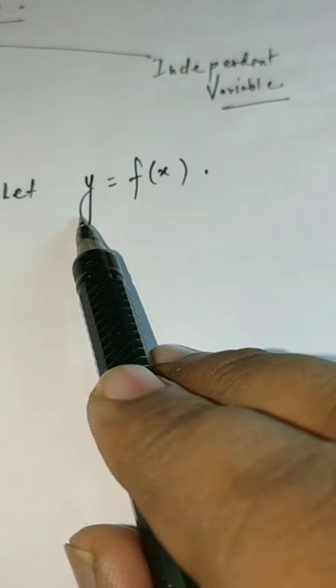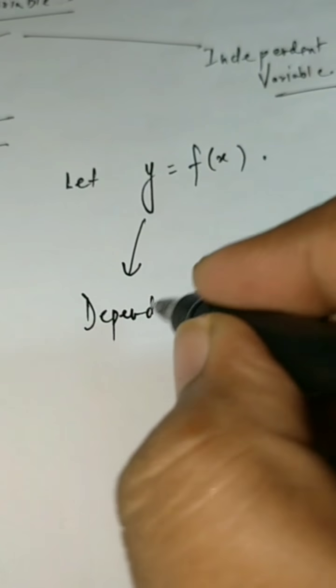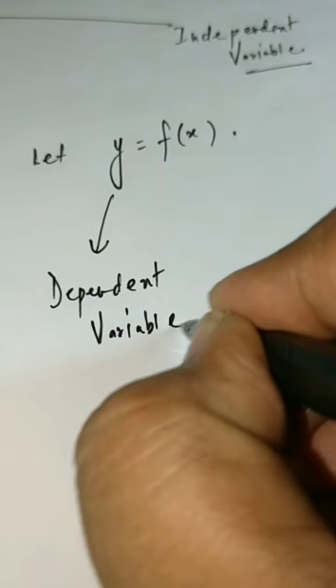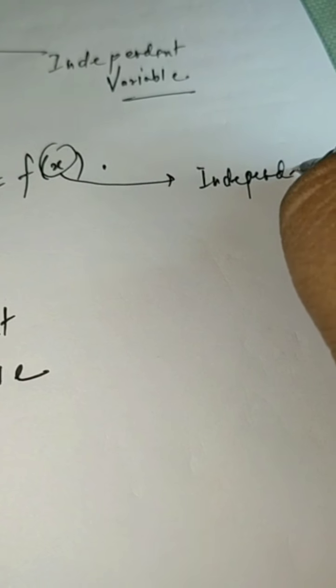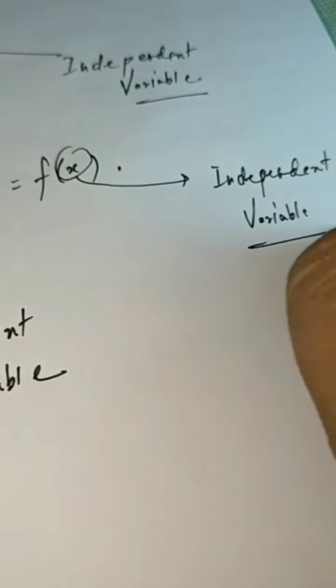So let y be any function which is a function of x. I am writing y is equal to f(x). Since y depends on the value of x, y is known as the dependent variable, and x is known as the independent variable.